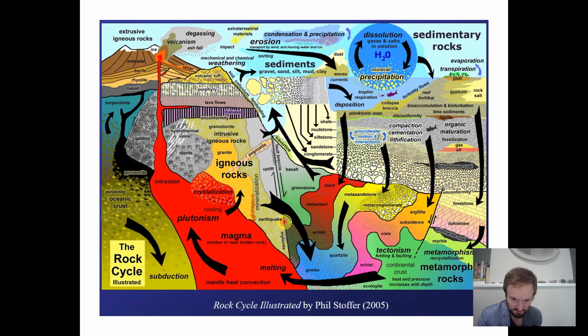Okay, so that kind of wraps up the lecture. And I just want to leave you with this really cool, kind of complex rock cycle. You can search for this rock cycle illustrated by Phil Stauffer, and this will come up. This is a free download. You can look at it.